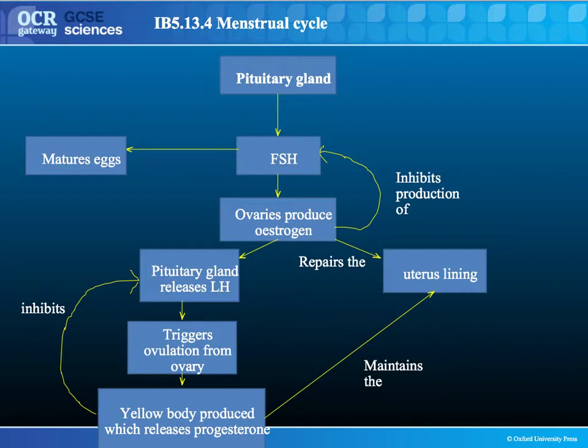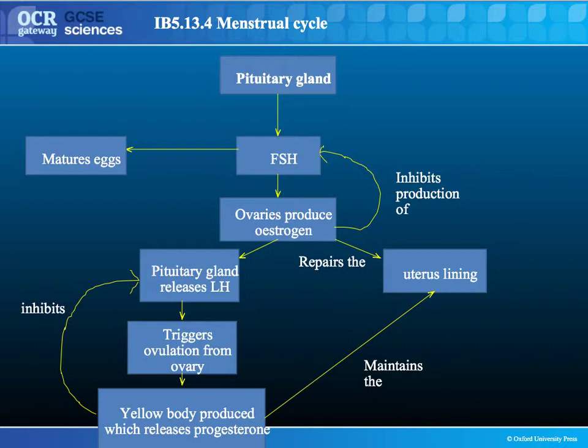So first of all, the pituitary gland, which is found in the brain, releases a hormone called FSH, which is follicle stimulating hormone. Now the ovaries are the organs where the eggs are released from. But in order for them to be released, they need to firstly mature, and FSH causes an egg in one of the ovaries to mature.